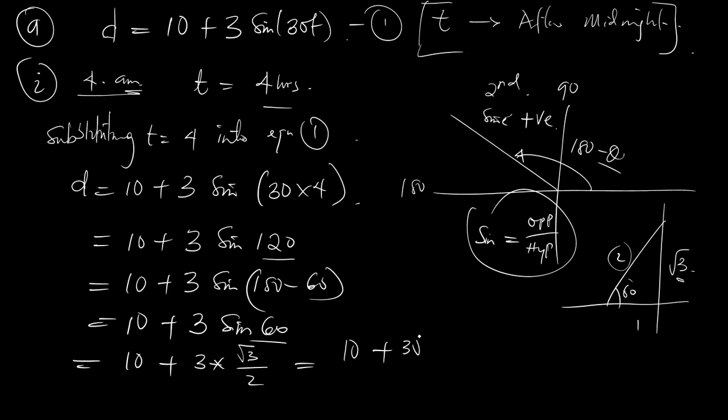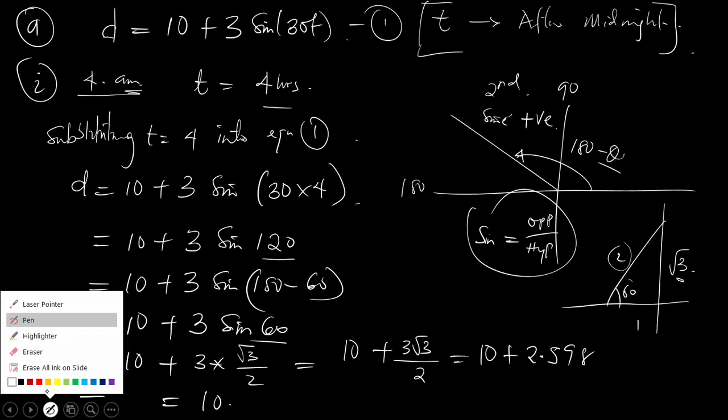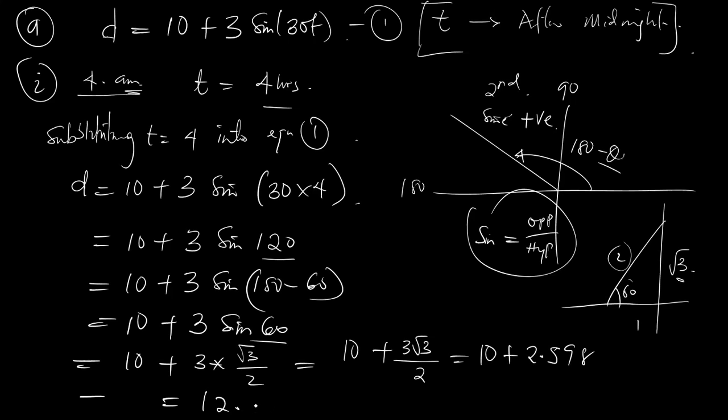This implies 10 plus 3 root 3 over 2. This will now give us 10 plus 2.598, which is approximately 12.59. So it will be approximately 12.6 meters.